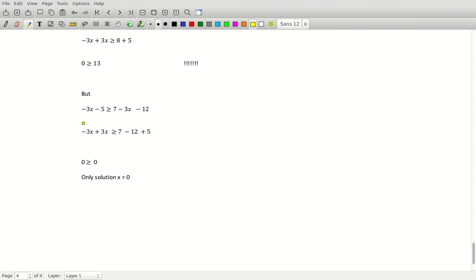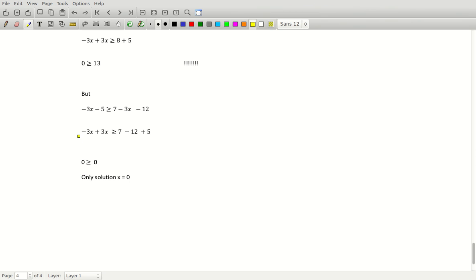Let's see another situation. Minus 3x minus 5 greater or equal 7 minus 3x minus 12. What do I obtain? Minus 3x plus 3x greater or equal 7 minus 12 plus 5. Change side.